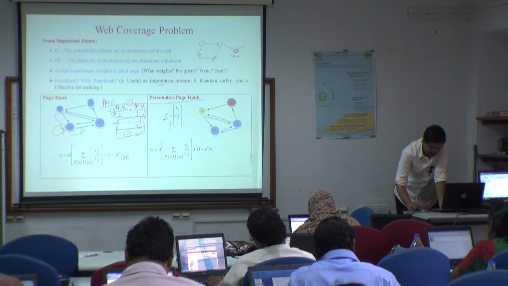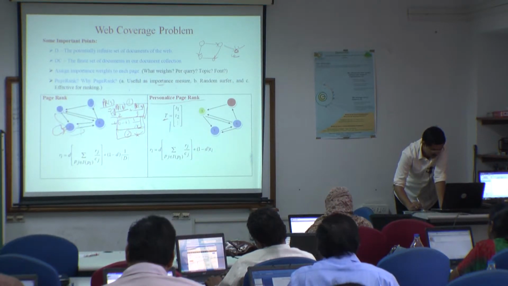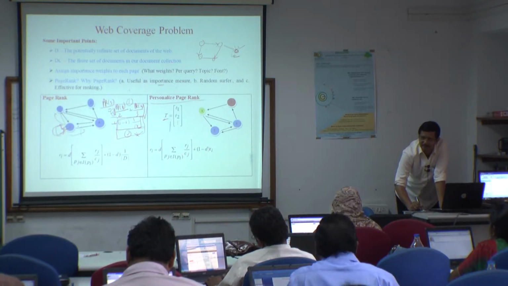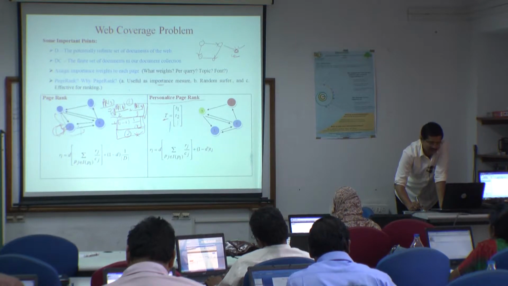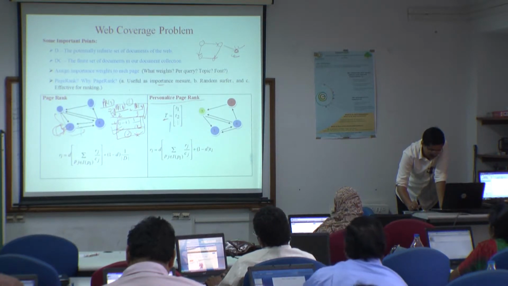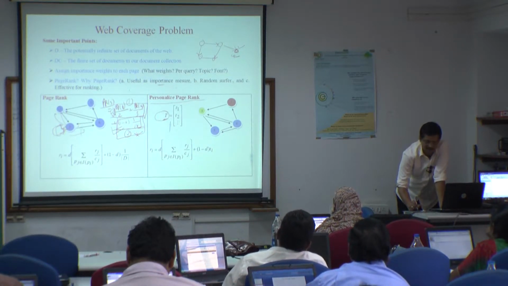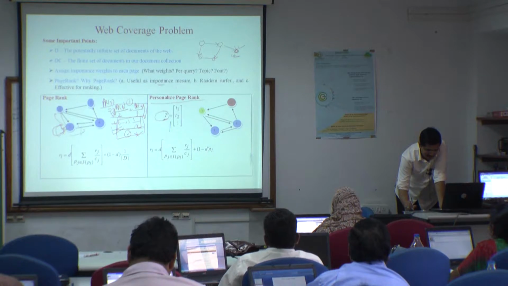In the traditional PageRank, we can jump from here to anywhere in the web page. But personalized PageRank controls this part by providing high priority to particular types of pages. So this is the personalized PageRank.